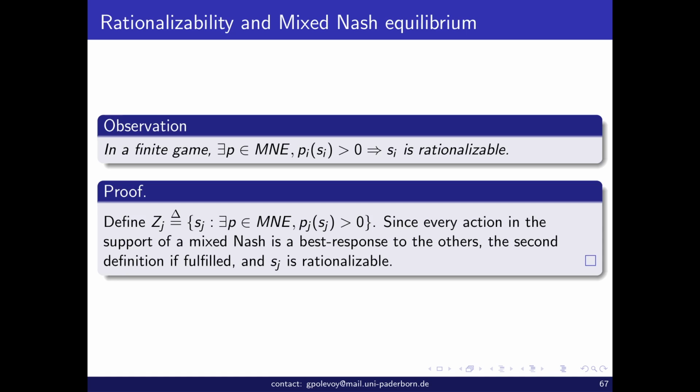So we can speak about rationalizability of a mixed strategy in this way, but here we are talking about rationalizability with respect to the original pure game, which is finite. We assume it's a finite game, and we are talking about a mixed Nash equilibrium, and then we say that the original strategies in the support of a Nash equilibrium are rationalizable. Now, why?